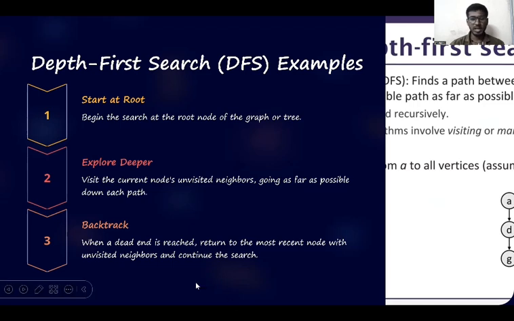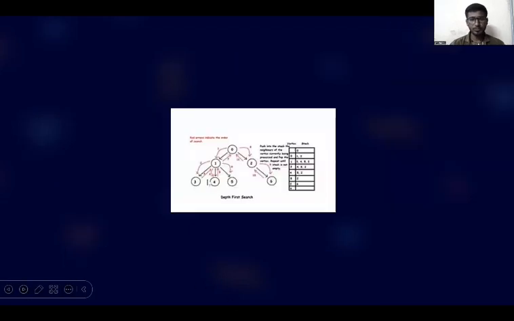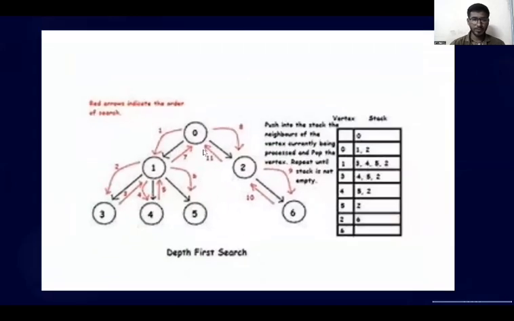So this is depth first search, and we can go to an example. Here we see there are some numbers like 0, 1, 2, 3, 4, 5, 6. The 0 is the root node, and 1, 3, 4, 5 is a subtree, and 2, 6 is also a subtree. And 3, 4, 5 are the leaf nodes, which have no child nodes. It explores like this: first it comes to 0, and we know that DFS uses the stack. So when we start with root node 0, we can explore deep.